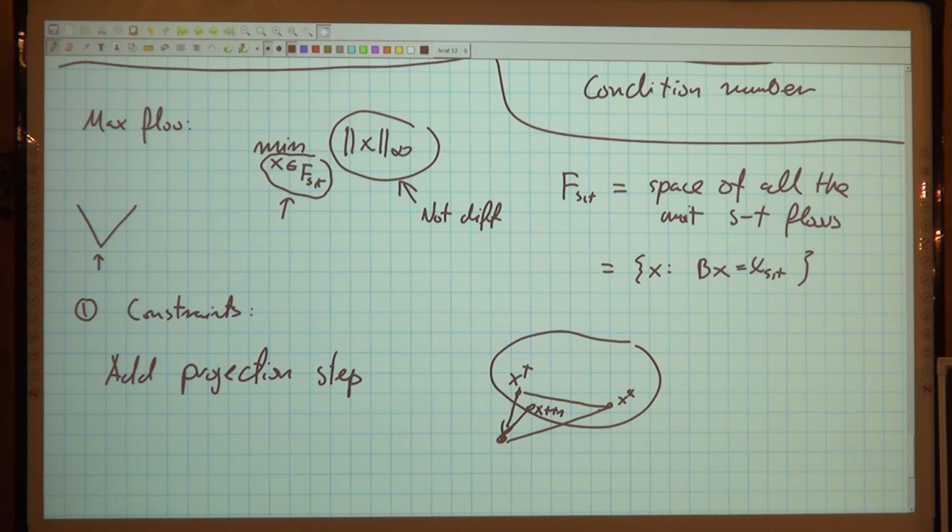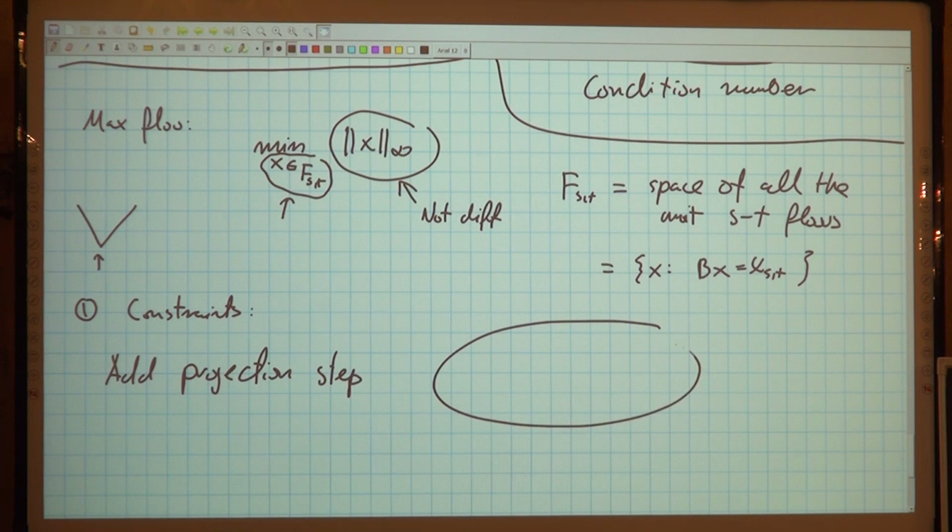By the way, the picture is lying to us, so let's change it. We have the feasible space, we have xt, and then we take a gradient step. This is xt plus 1, and the optimum is somewhere here. We know already that this distance is larger than this distance over here. But now I'm taking a projection, so now I'm moving somewhere here.